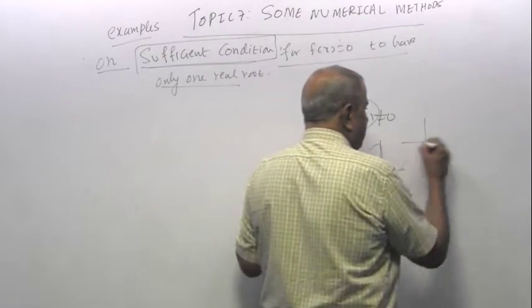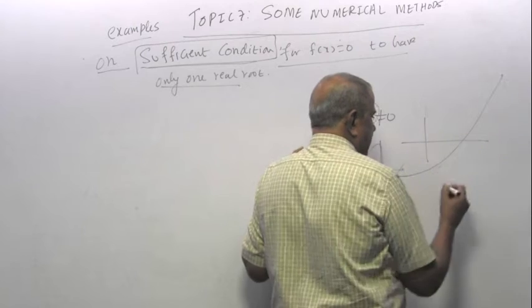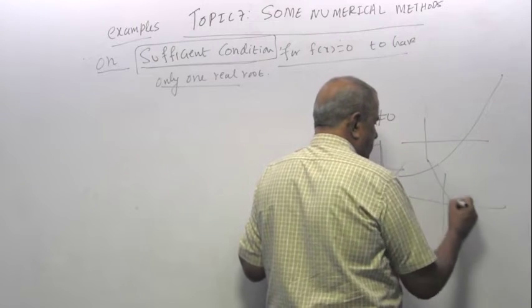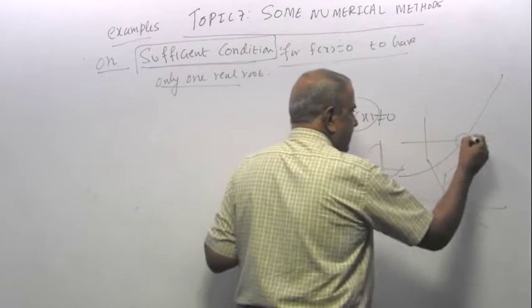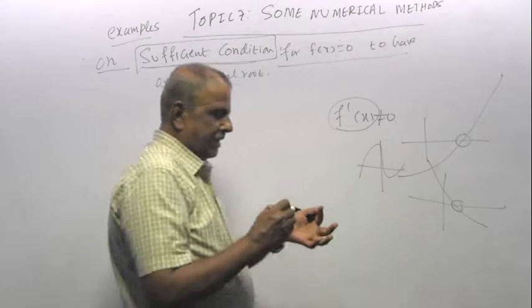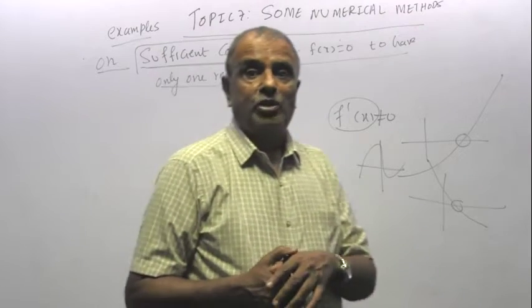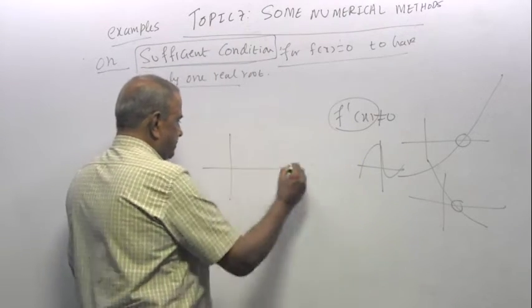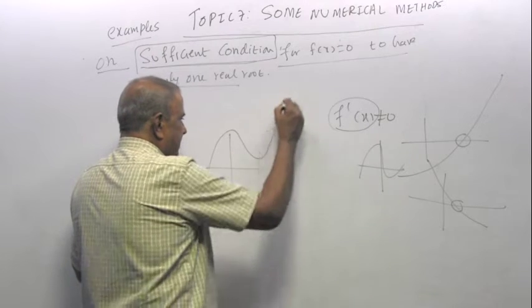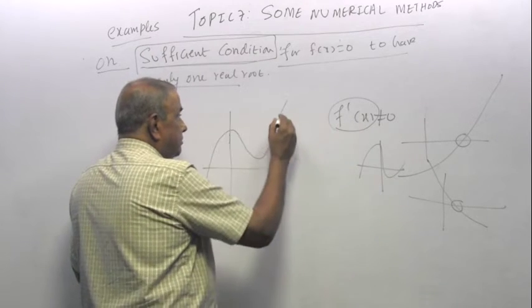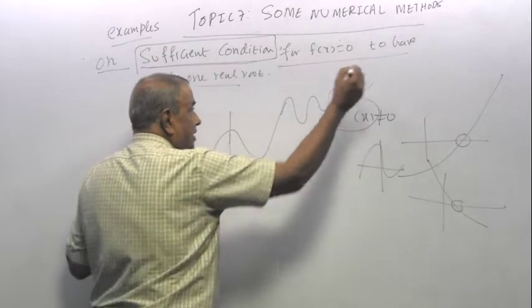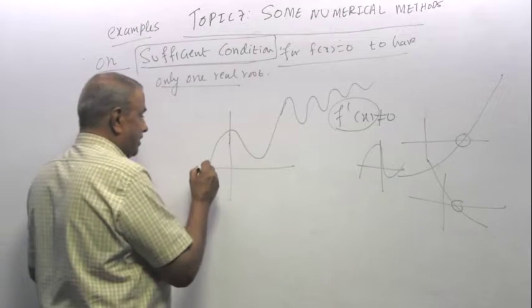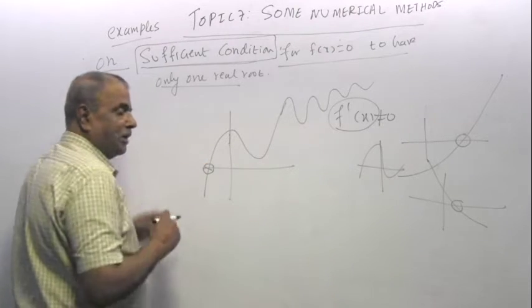That means the graph is either going like that or going like that, cutting the x-axis in exactly one point, so one real root. But it's also possible I can have a graph like that, with umpteen stationary points, but only one point where it cuts the axis.